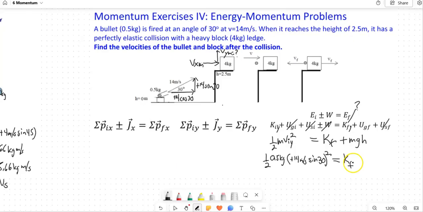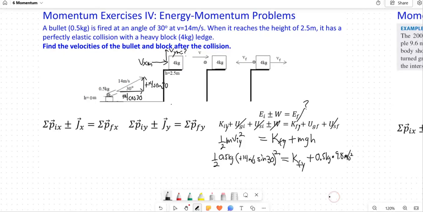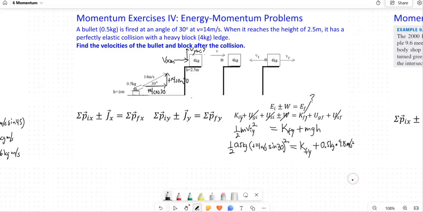And this is what we are asking: does it have a final y direction kinetic energy? Well, let's put in our potential energy, which is 0.5 kilograms times 9.8 meters per second squared times 2.5 meters.